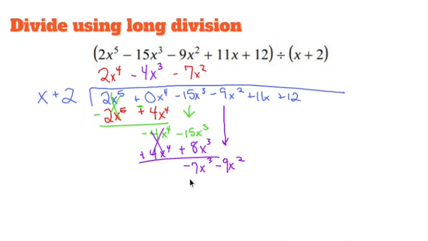Negative 7x squared times x is negative 7x to the third. Negative 7x squared times positive 2 is negative 14x squared. Subtract this entire product, so that makes these signs switch. Negative 9x squared plus 14x squared is 5x squared. Drop down the 11x.